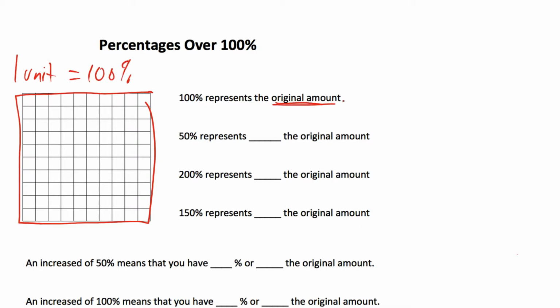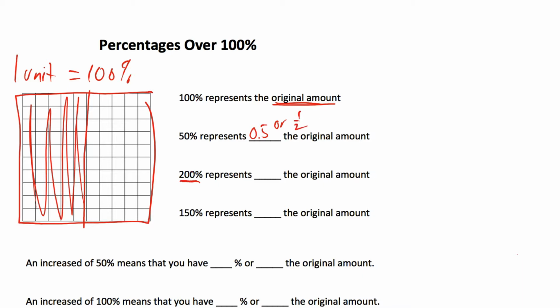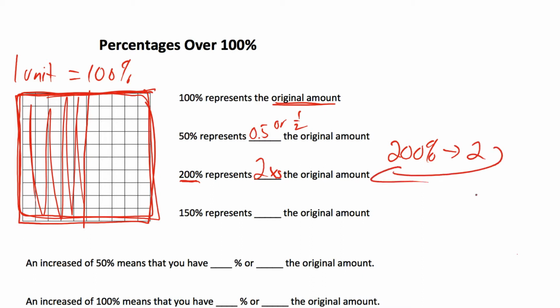It's the original amount. 50% would then represent half of the original amount, or 0.5. 200% would then be 2 of these unit blocks, in other words, 2 times the original amount. 200% as a decimal is the number 2, meaning twice the original amount. 150% as a decimal number would be 1.5 times the original amount.